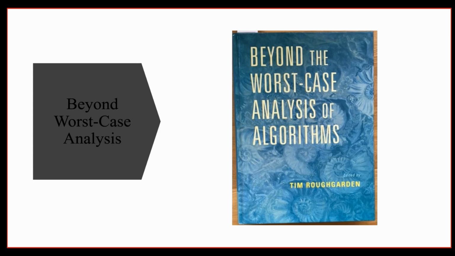So this area of beyond worst case analysis, in the recent couple of years in the TCS community, it has exploded a lot. And this book, Beyond Worst Case Analysis of Algorithms, came out in maybe 2022 or 21 January, I don't remember. It was edited by Tim Roughgarden, but all of the chapters were written by individual researchers in this area.